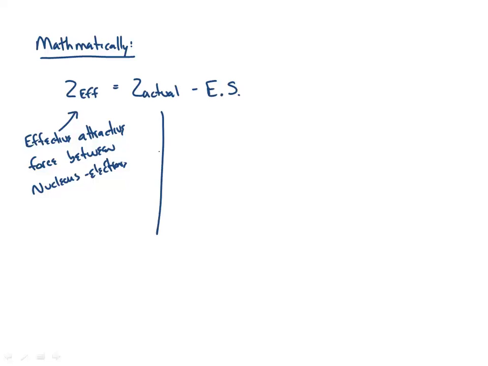Z actual is the actual attractive force. And of course, we subtract off the electron shielding because electrons in inner orbitals shield electrons in outer orbitals.